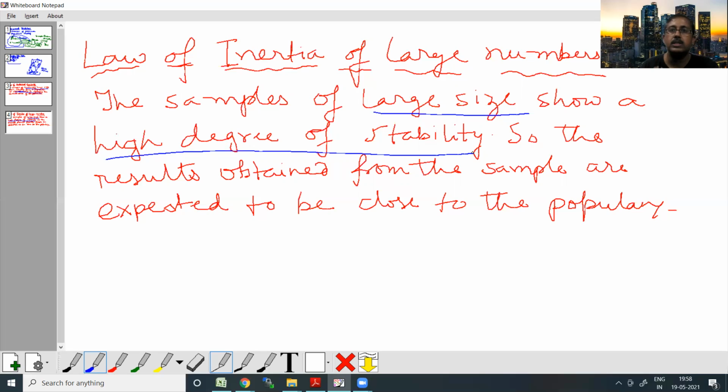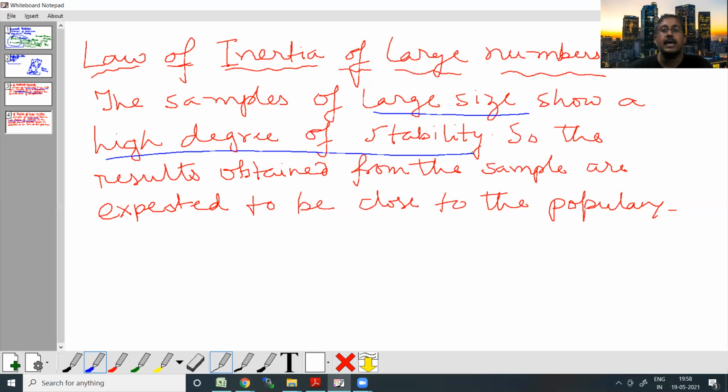But the law of inertia of large numbers says that samples of large size show a high degree of stability. That is, the results obtained from the samples are expected to be close to the population and close to each other. So when I draw sample 1, sample 2, and sample 3 and compute a particular statistic, for example the sample mean, more often than not they are going to be very close to each other and very close to the measure for the population.